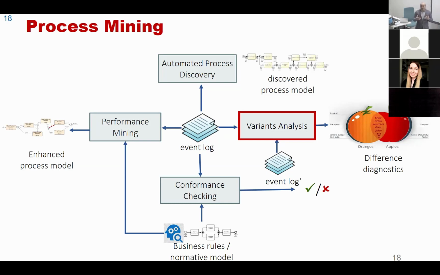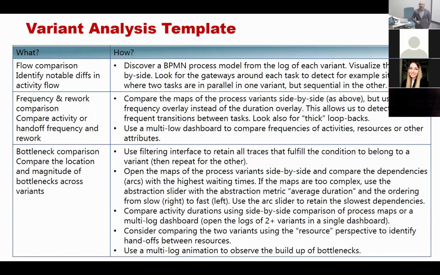What differentiates those cases that are not compliant from those cases that are compliant? And this question about what differentiates those cases where X happened and those cases where Y happened brings me to the next capability in the field of process mining: process mining techniques allow you to analyze, or we can call it compare, multiple variants of a process.